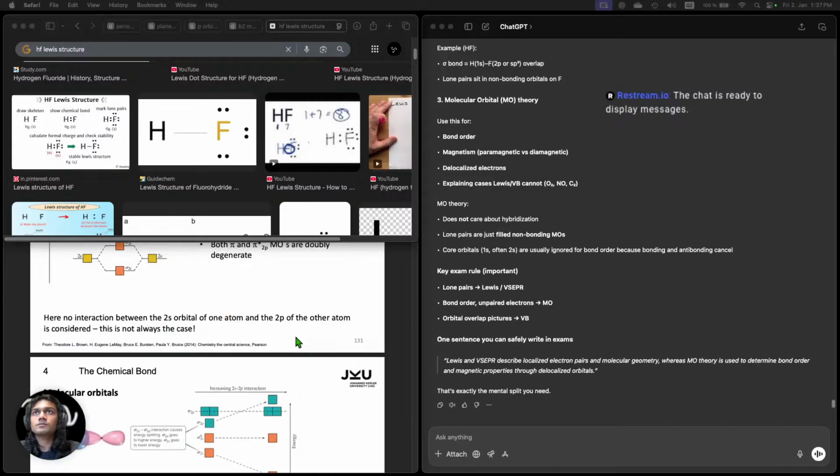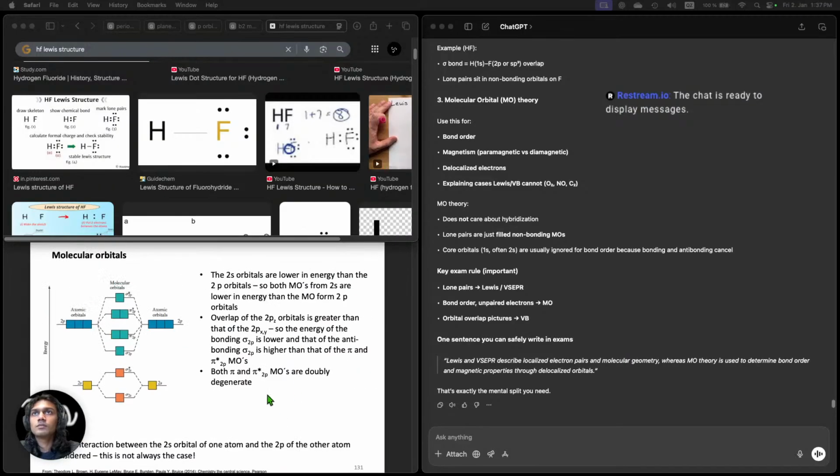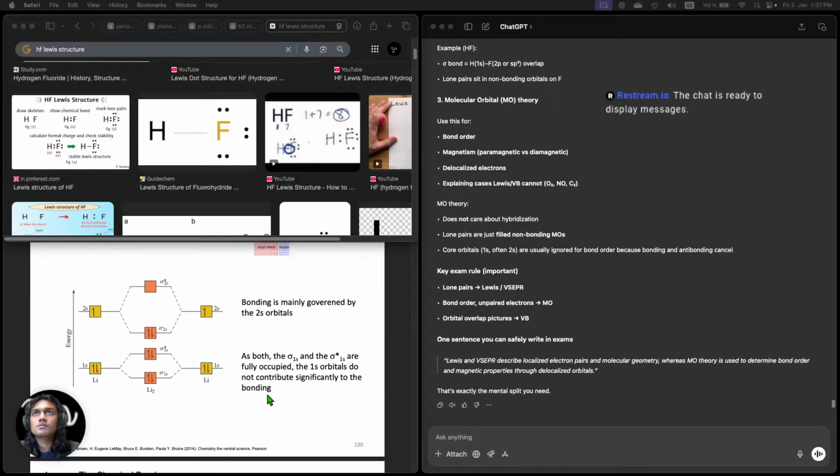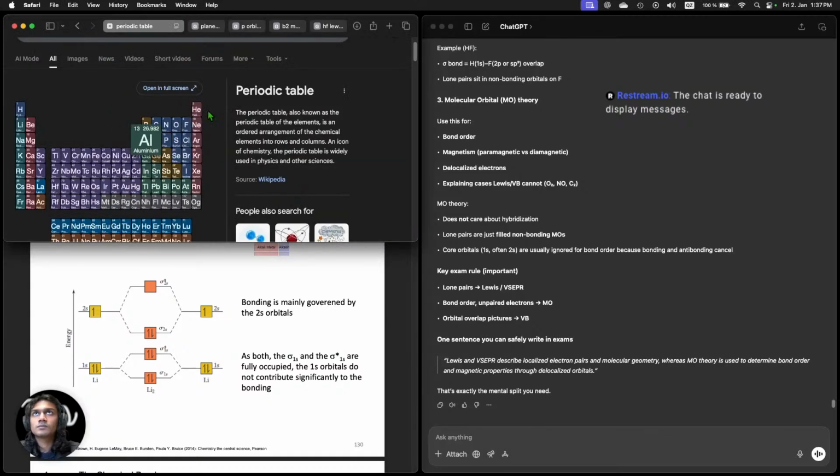So, F2 is a single bond, right? It's sp hybridization.